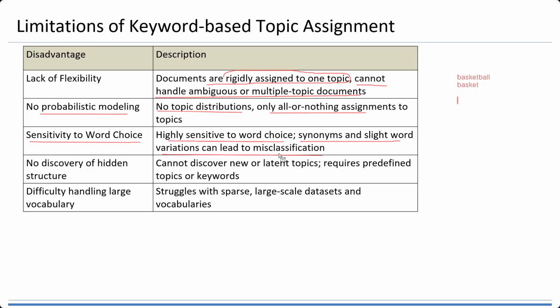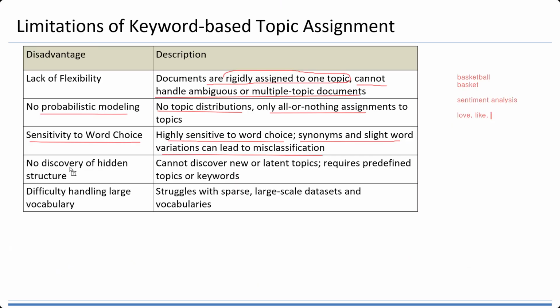Later we will learn about sentiment analysis. In sentiment analysis, when you choose the words love, like, adore, they are very similar, they are the same. If you don't choose those words, then you cannot get the positive sentiment.